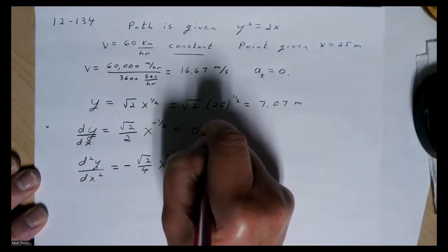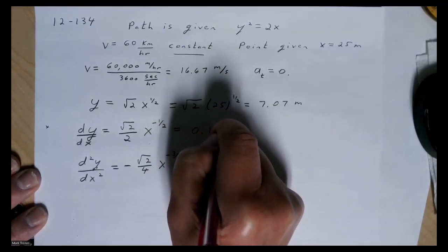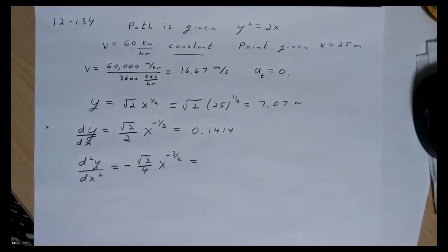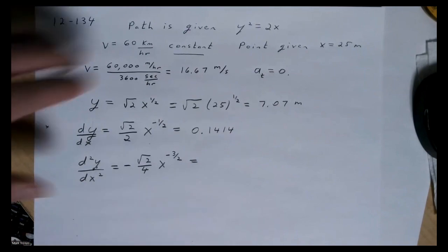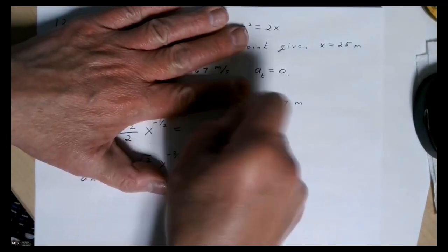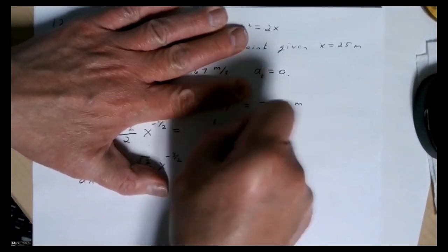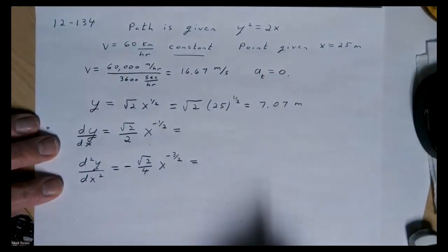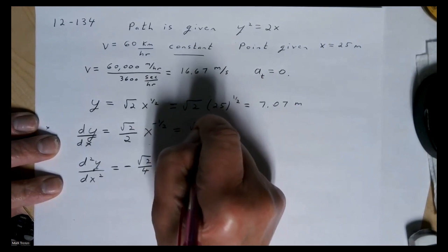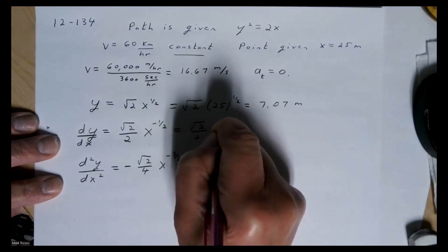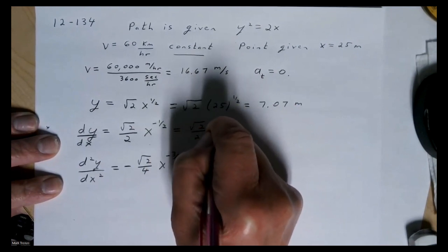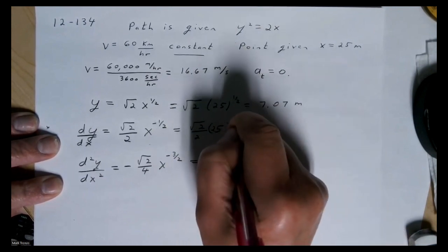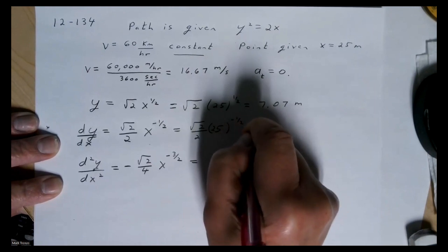That's going to be 0.01414. And I probably should put in exactly what I was doing here. Let me just show that. So what I did here was put in 25. Again, the point 25 to the negative 1/2.